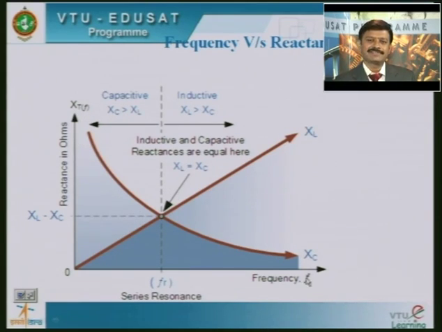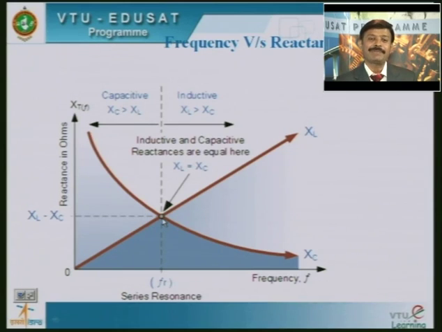Both reactances meet at this point, called the resonating point, where we get the resonating frequency Fr, at which XL is equal to XC.